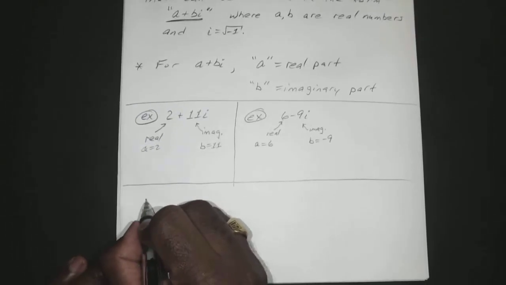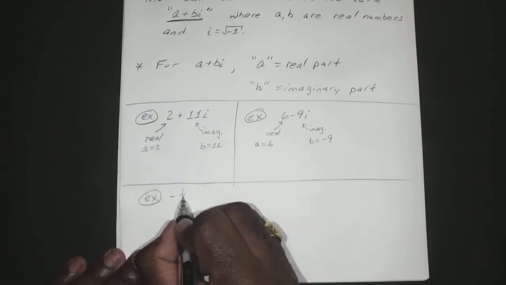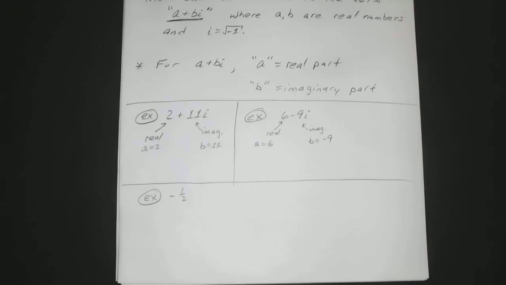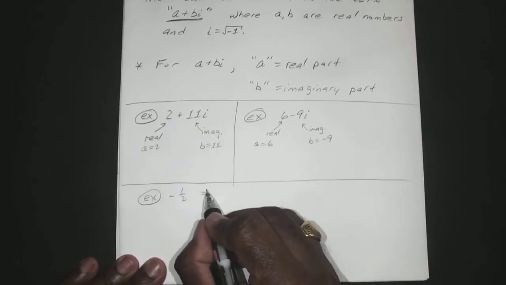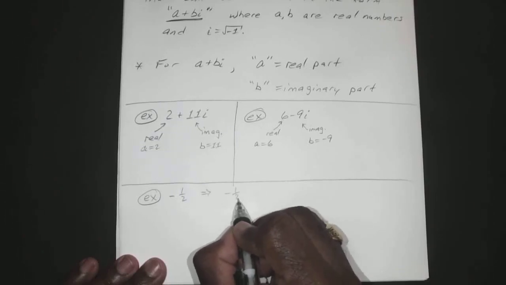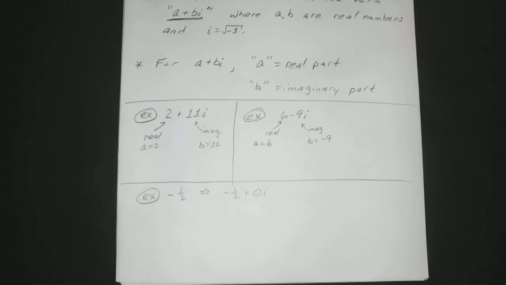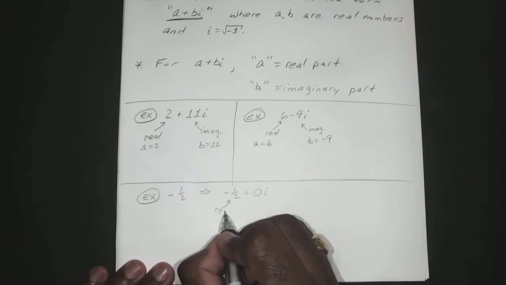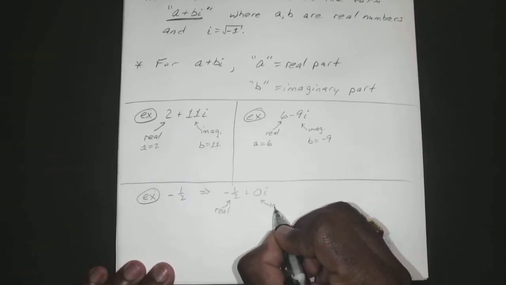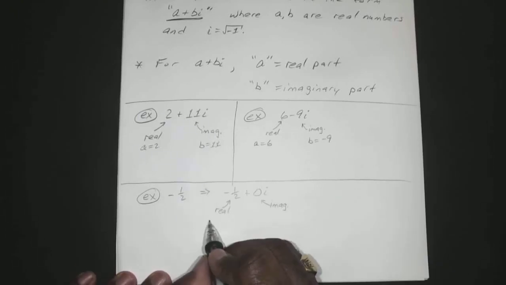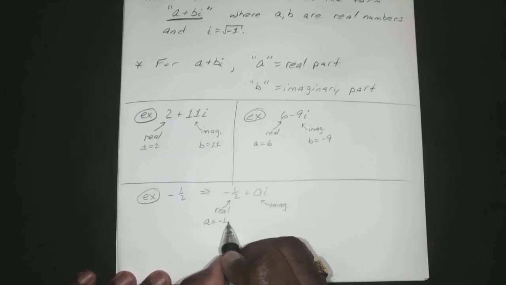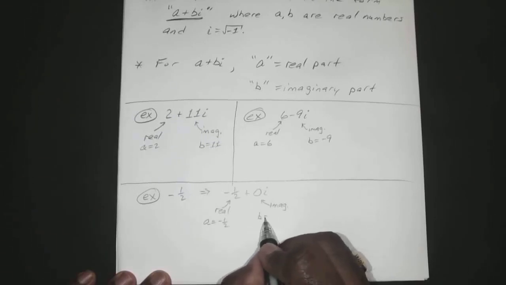So what if you had -1/2? You can write that as a complex number. You can write that as -1/2 plus 0i. In this case, this is your real part and this is your imaginary part, where your a is equal to -1/2, and your b is equal to 0.